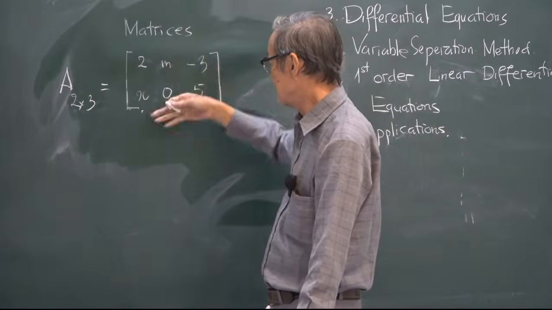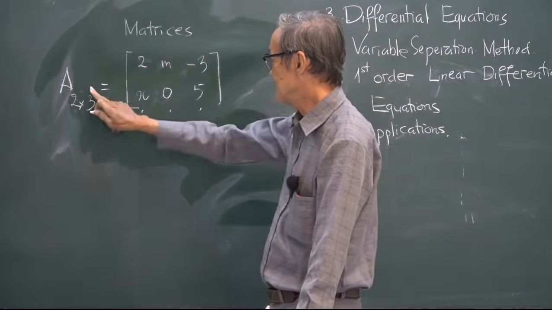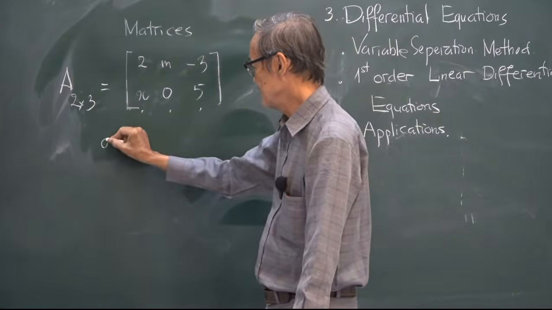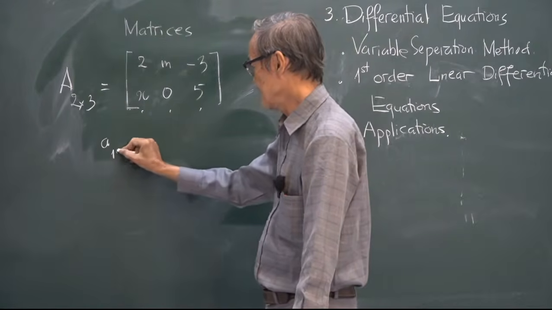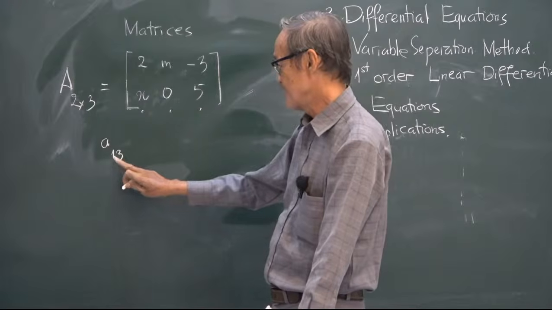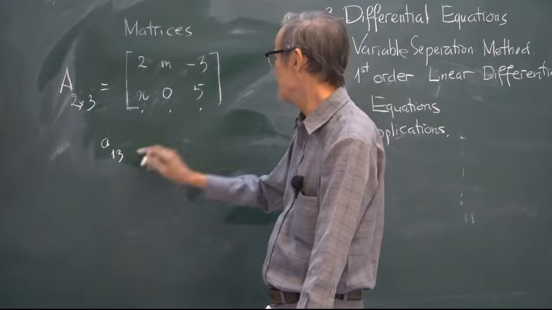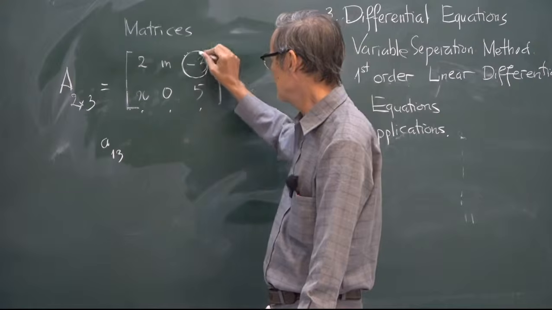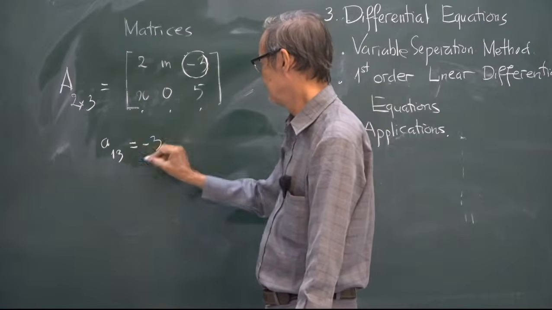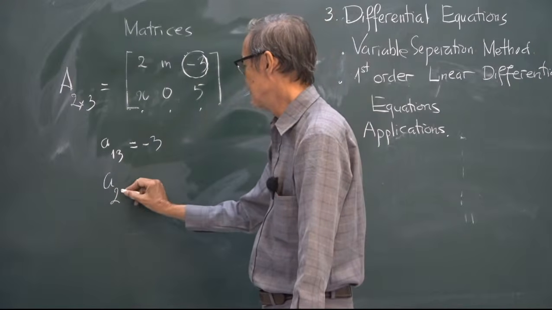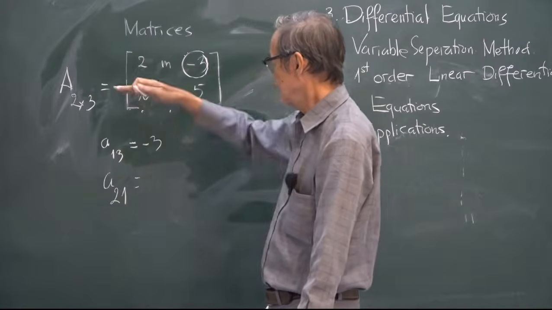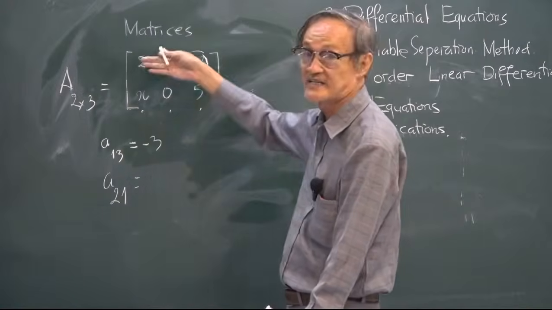And we denote elements of this array. For example, A1,3, row 1, column 3 here. A2,1, row 2, column 1 here.